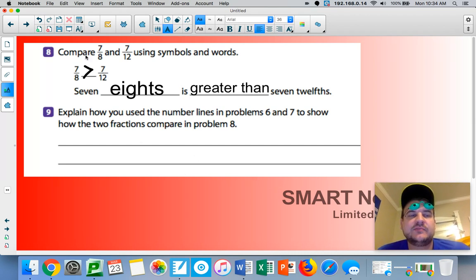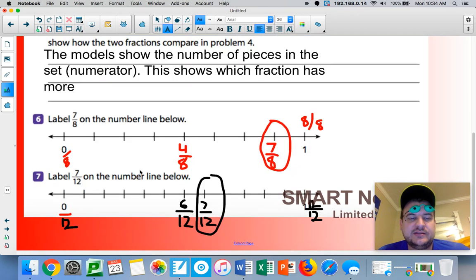Explain how you use the number line in problems 6 and 7 to show you how the two fractions compare. Okay, so if we look back at the number line, there's 7/8. It's really close to being a whole. 7/12 is closer to being a half.